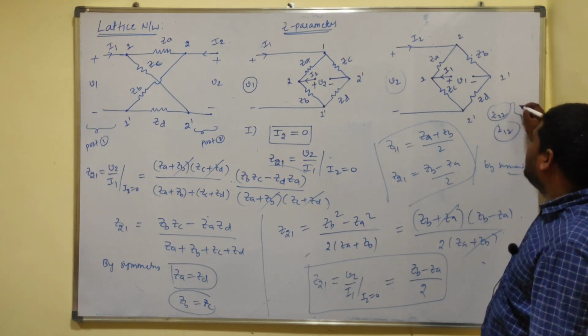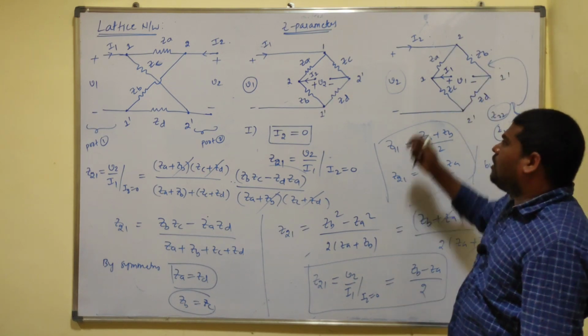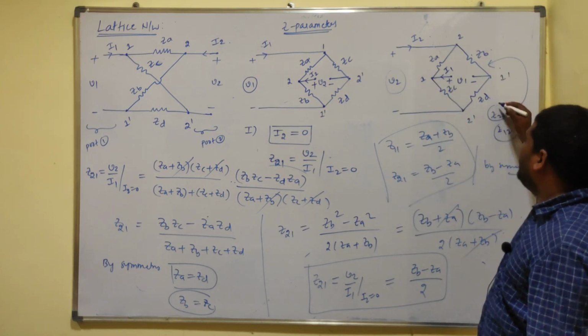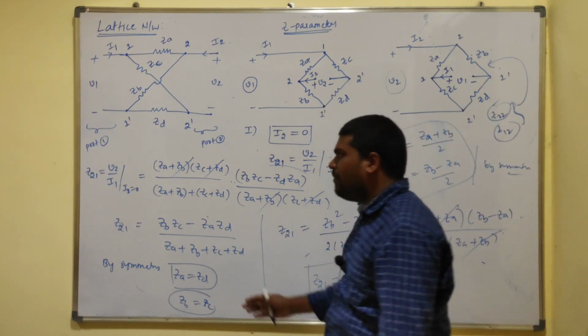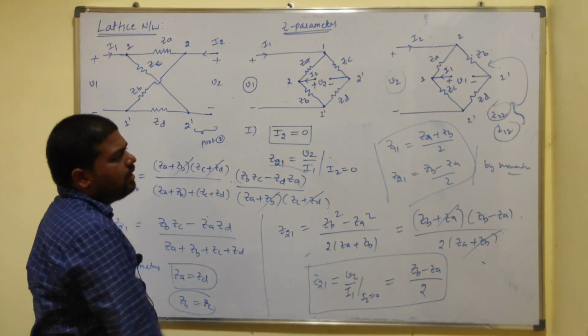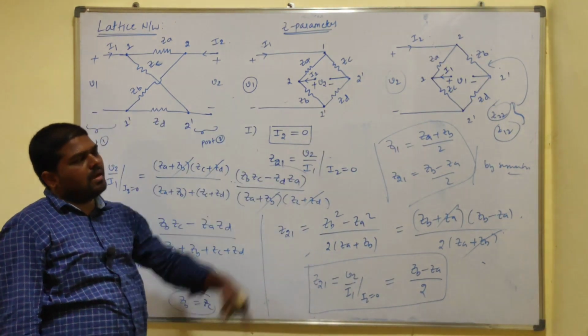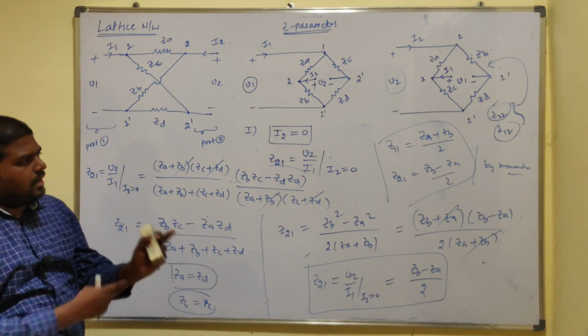These two parameters depend on this network, so while solving it you can get Z22 and Z12, same method. Same way you can convert the network into the previous model and you will get those two parameters. So this is your lattice structure.